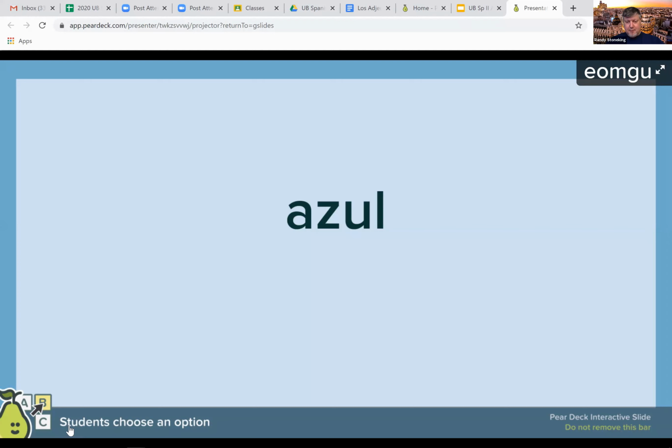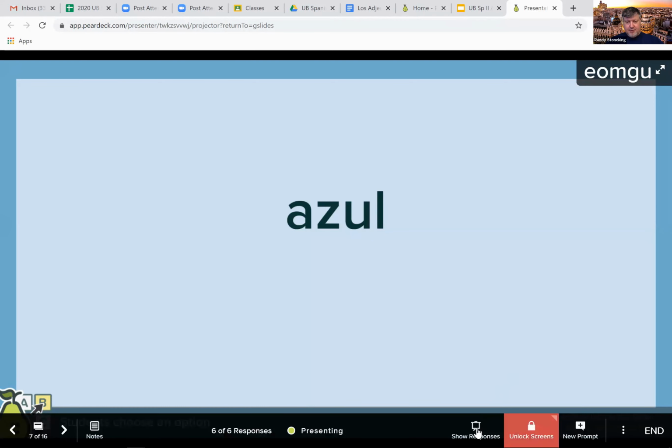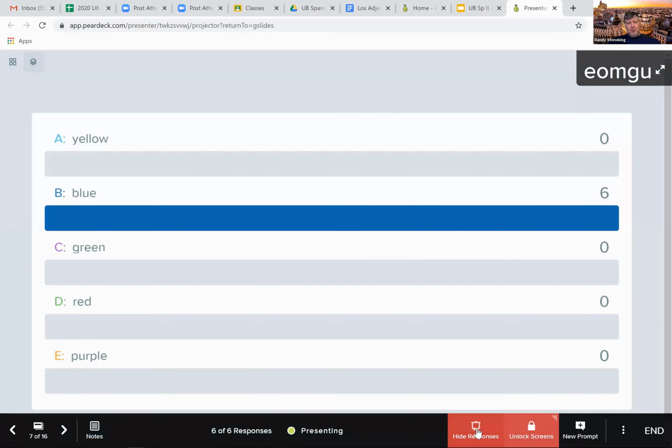Five, four, three, two, one. So azul is, very good, blue. I threw all 5 colors there for your options, and again, just trying to find the one that matches up. Azul is blue. Very good.